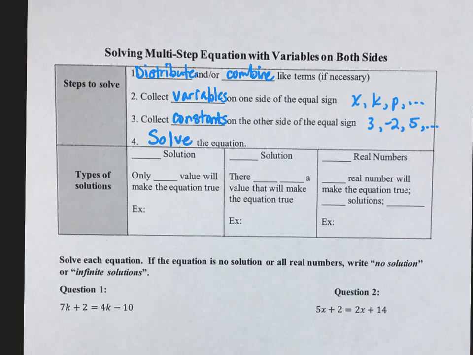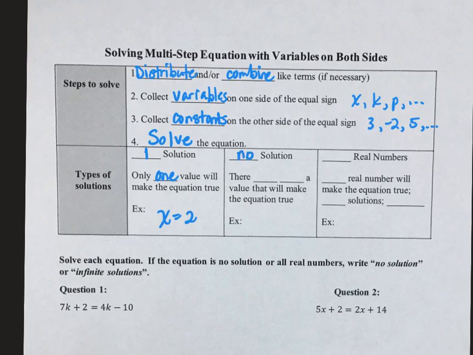Now there are a couple different types of solutions that we're going to cover. When we have one solution, we have only one value which will make the equation true. An example of solving an equation where you have one solution would be something like x equals 2. We have another type of solution called no solution.